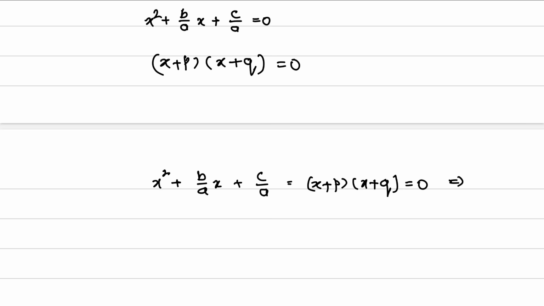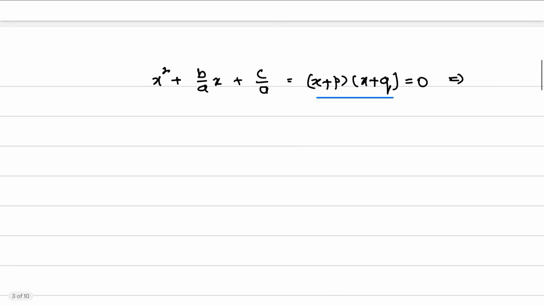Then can I expand this term x plus p and x plus q? It is only a procedure, a good procedure. x square plus b by a into x plus c by a is equal to x plus p into x plus q.